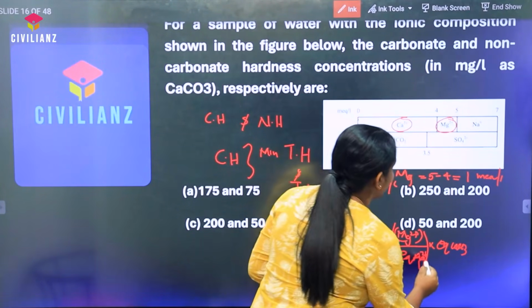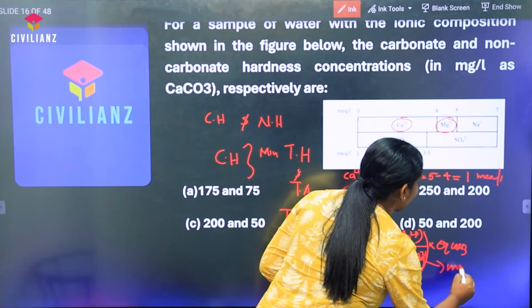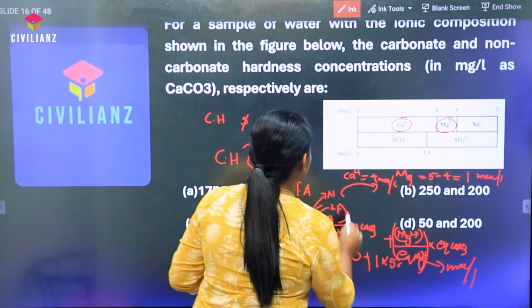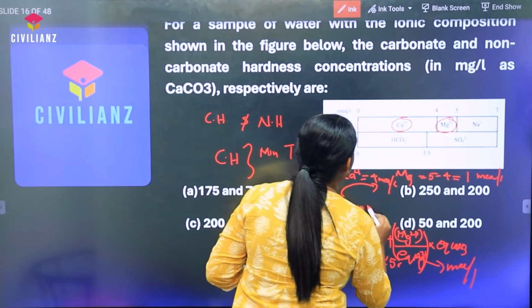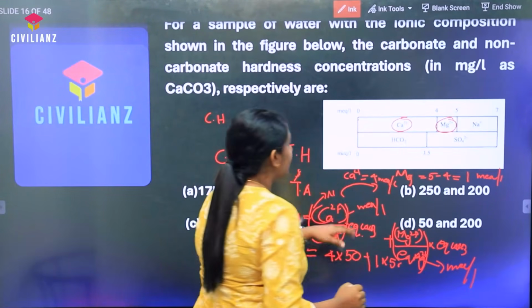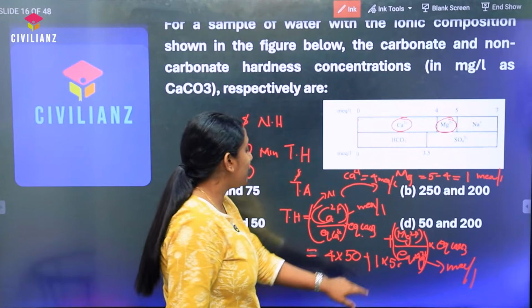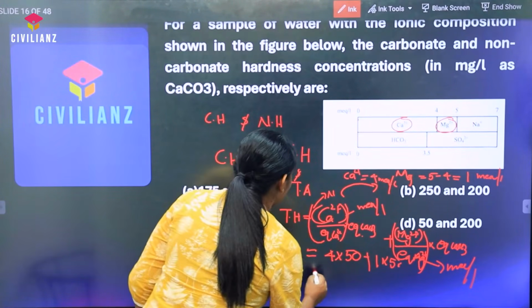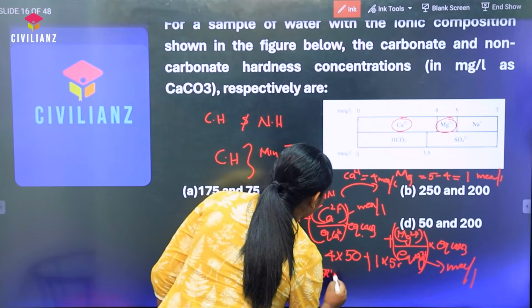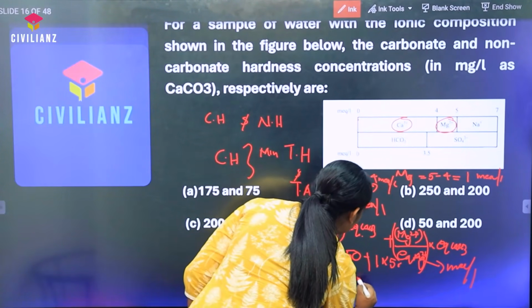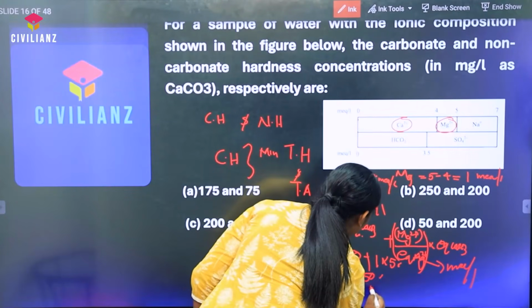It is already given in our question, 4 and 1. So 4 into 50 plus 1 into 50, so 5 into 50, 250, equals total hardness.